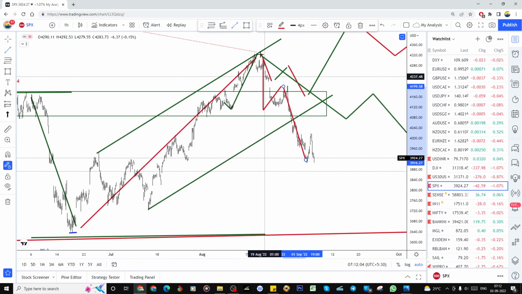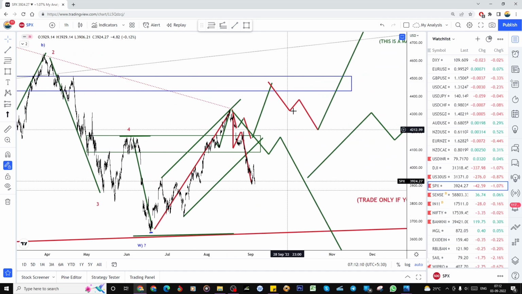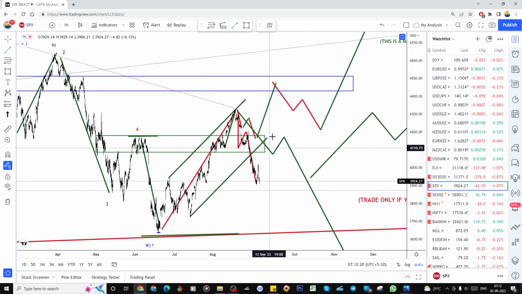So either this is a three-wave structure or a five-wave structure, no worries in this, but we are looking only for that bigger picture. From here I'm expecting a bounce. Because if this is a three-wave structure, we need a five-wave structure again, because this ABC is a B, and we are looking for the flat correction for the five waves.